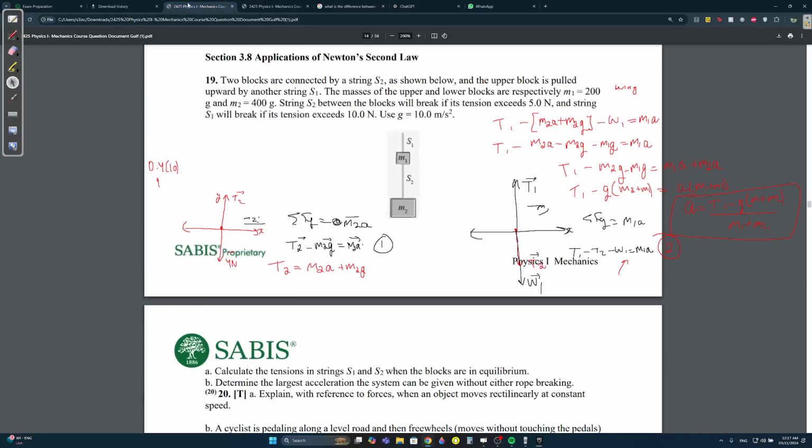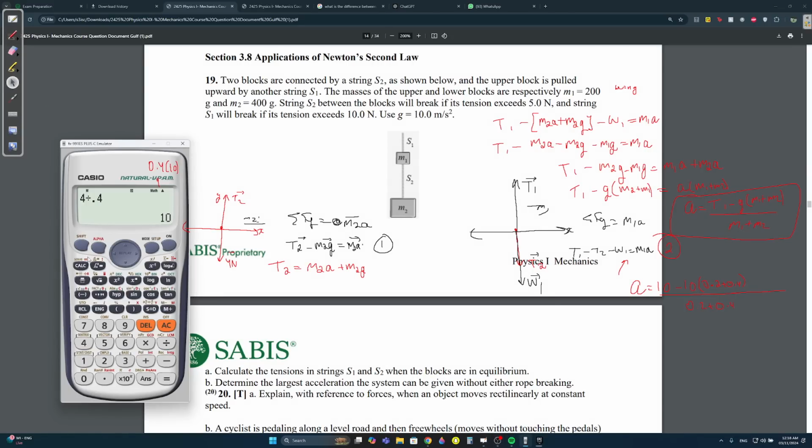Now can I just substitute? Of course I can. How can I find acceleration? T1 is 10, so 10 minus G, which is obviously 10, times M1 plus M2, which is 0.2 plus 0.4 because they're in kilograms, 200 grams and 400 grams, over M1 plus M2, again 0.2 plus 0.4.